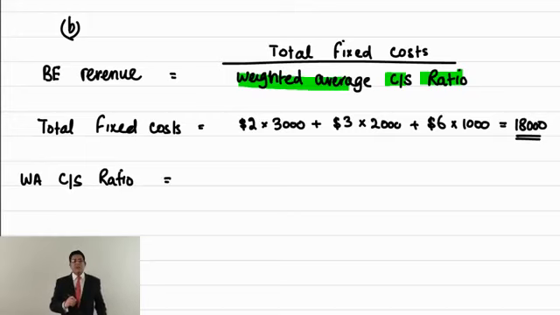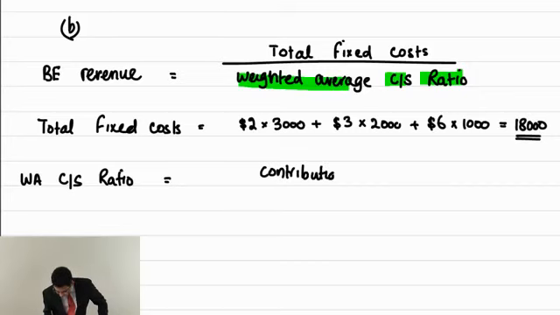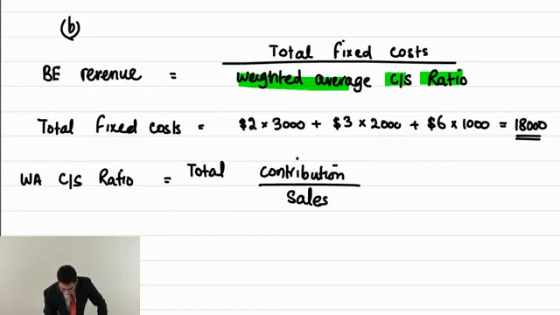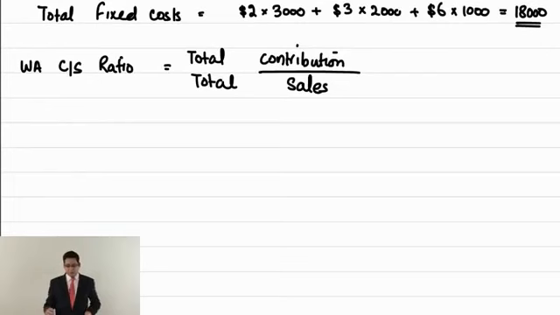Weighted average C over S ratio. So remember, C is contribution, and meaning of S is sales. So total contribution divided by total sales from all products makes up weighted average CS ratio. Let's pick numbers one by one. First of all, total contribution.